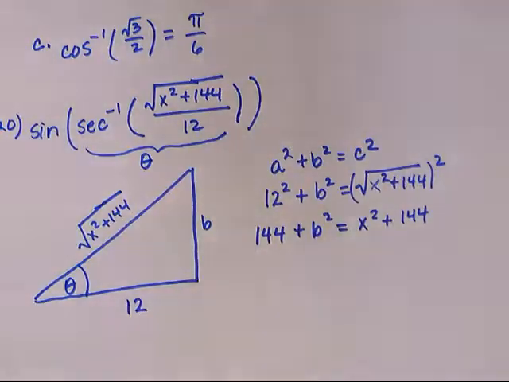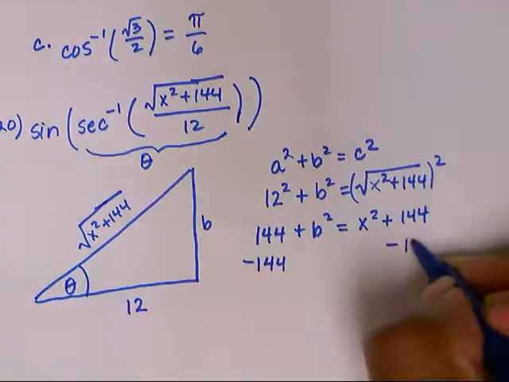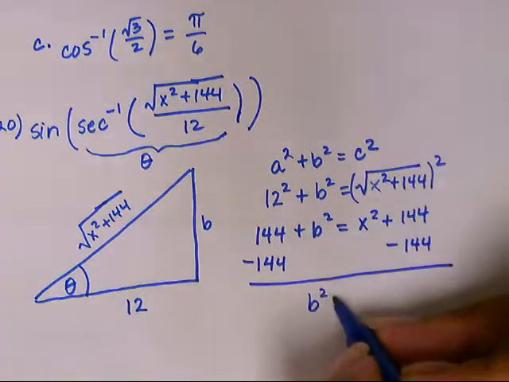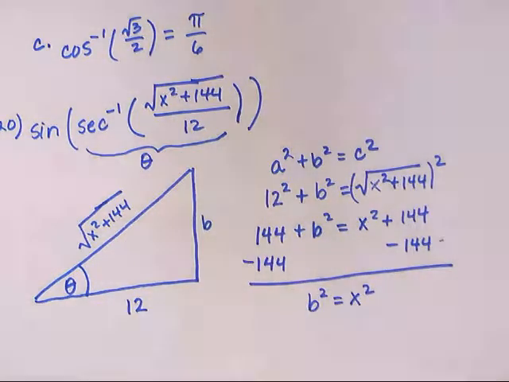Now to get that B squared by itself, we subtract 144 on both sides. So you're left with B squared equal to x squared, because the 144s on the left and right side are gone.